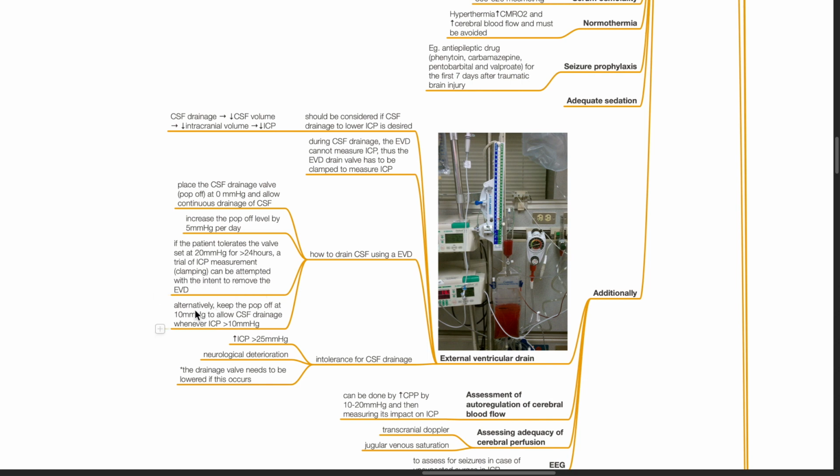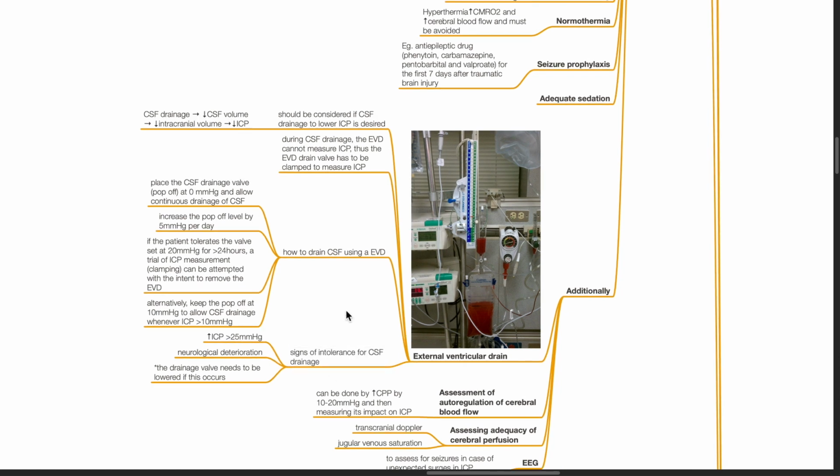Alternatively, keep the pop-off at 10 mmHg to allow CSF drainage whenever ICP exceeds 10 mmHg. Signs of intolerance of CSF drainage include ICP more than 25 mmHg and neurological deterioration. The drainage valve needs to be lowered if this occurs.